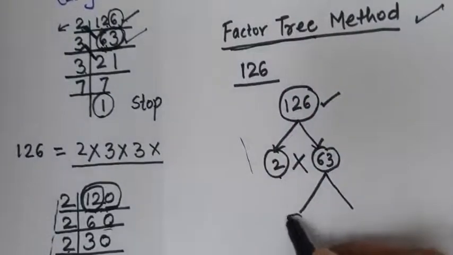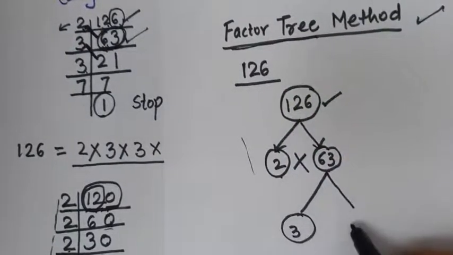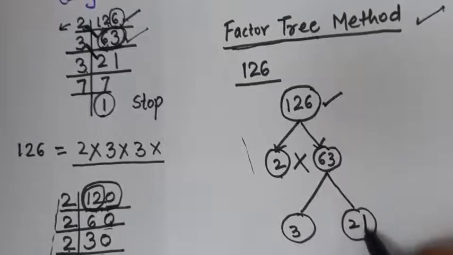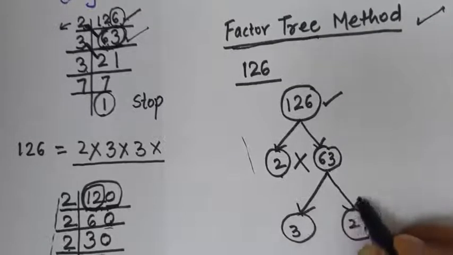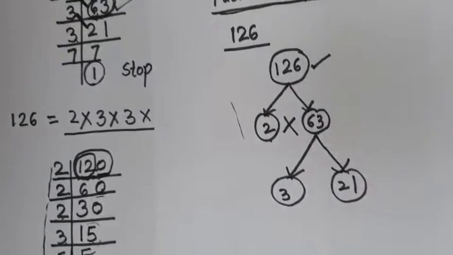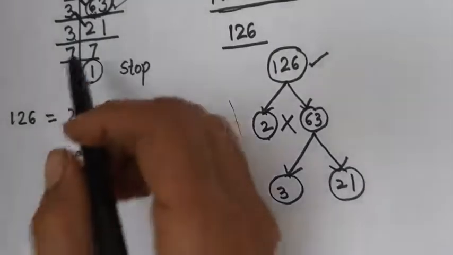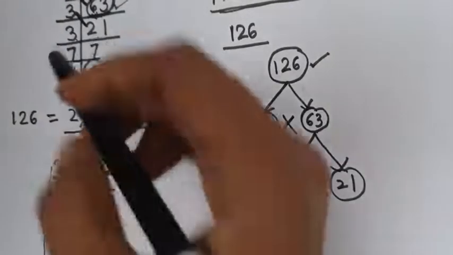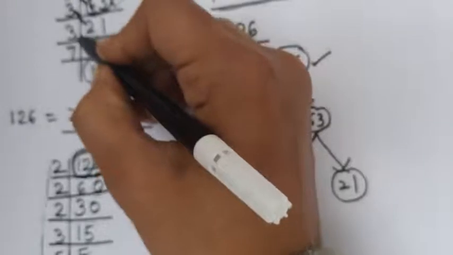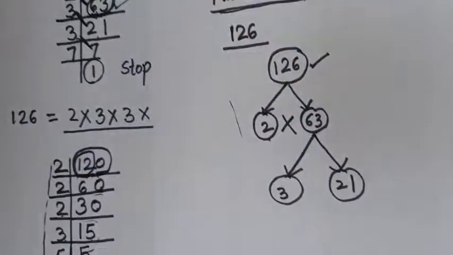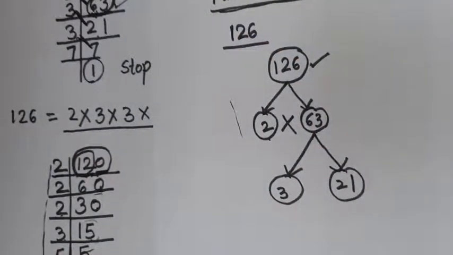So I will write here 3, 21. Clear? Now the next is 21. Diagonal number is 3 and 7.